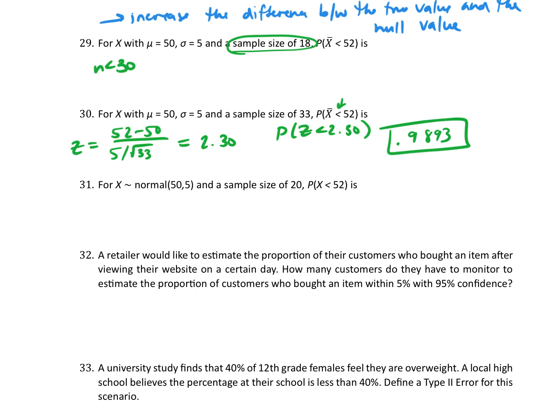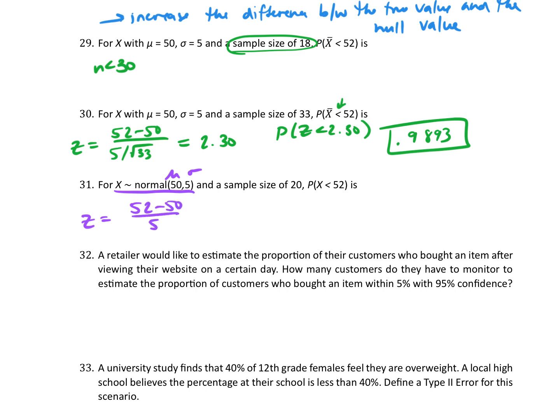Okay, 31 tells you it is a normal distribution. Remember when it gives you this notation, this is mu, this is sigma. Okay? Sample size of 20 doesn't matter because I told you it came from a normal distribution. So z is 52 minus 50 over 5.